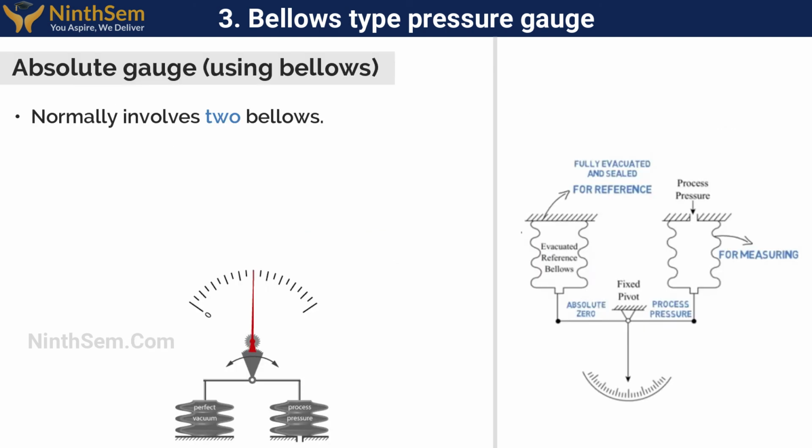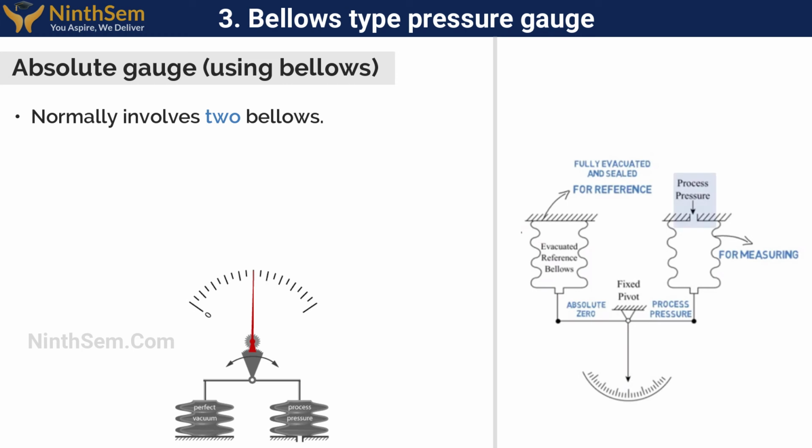First, the absolute gauge using bellows. As you can see in the figure, two bellows are used. One is the reference bellows and another is the measuring bellows. The reference bellows is completely sealed for reference, and the other bellows, used for measuring purposes, has an opening.